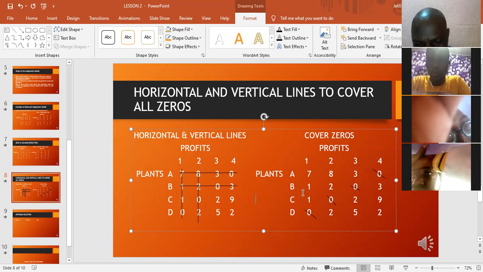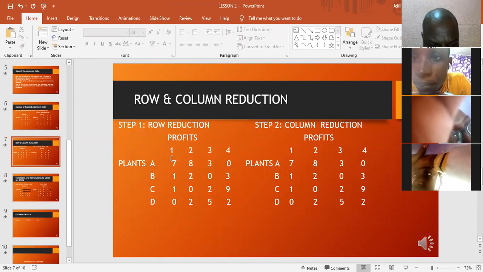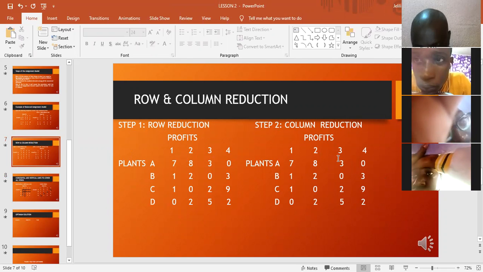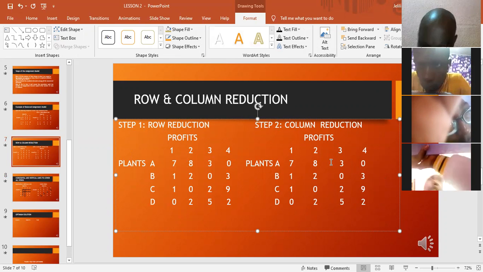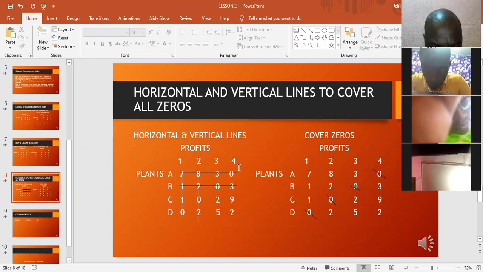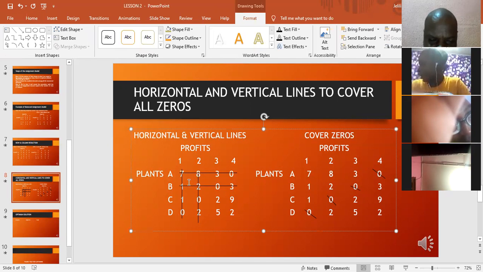So, let's now go back. How many columns do we have in this first row in step 1? 4 rows, 4 columns. This is step 2. How many rows, how many columns? 4 rows, 4 columns. Now, this is the horizontal. How many lines do we have here that we cross? 4 lines.